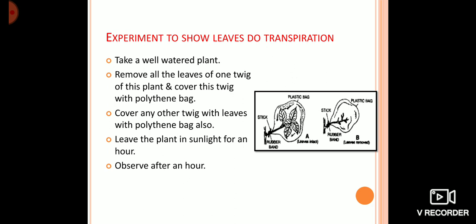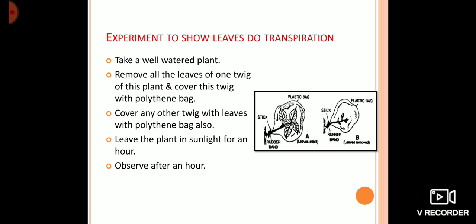After 1 hour, you will notice drops of water will appear on the inner side of the bag that covered the leafy twig, but there will be no water drops on the inner side of the bag with the twig without leaves. So this shows the leaves do transpiration.